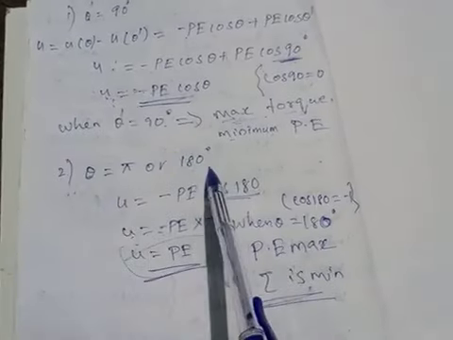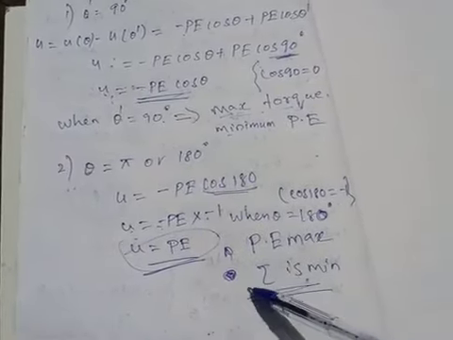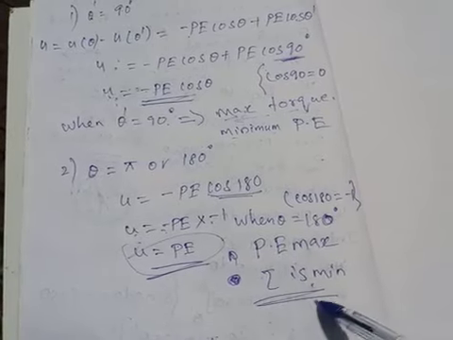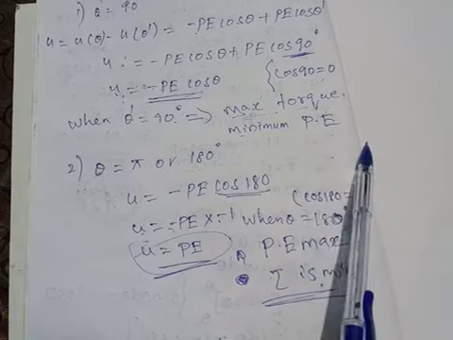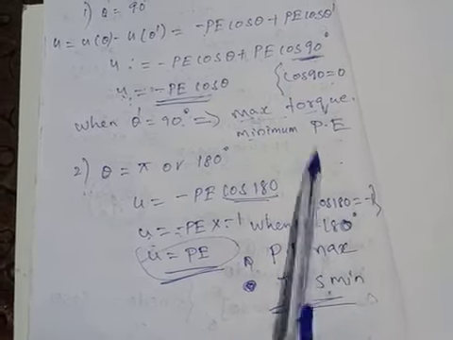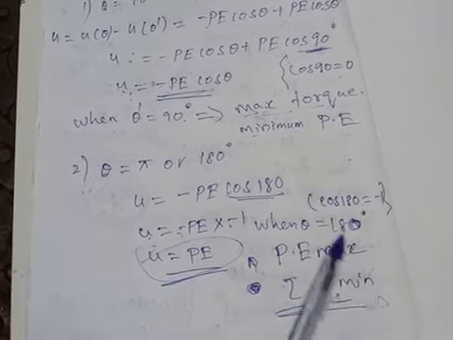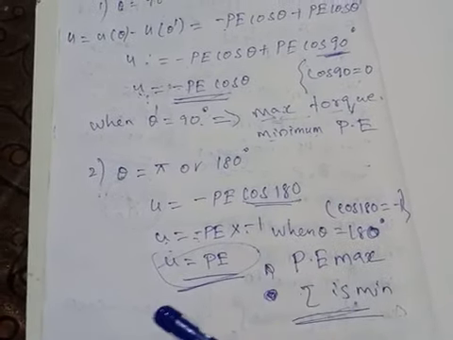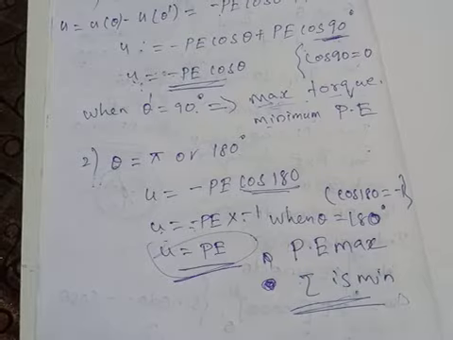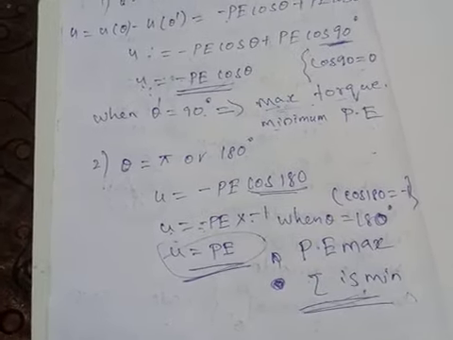When theta is 180 degrees, the torque experienced is minimum. So when the torque is maximum, the potential energy stored is minimum. When the torque is minimum, the potential energy stored is maximum. This is what we are proving from this concept.